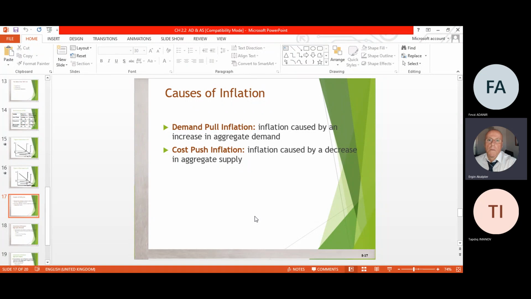And cost push inflation is a decrease in the aggregate supply because you produce less. Let's say seasonal watermelon and melon prices in the summer differ: one season becomes very cheap, the other season becomes expensive.